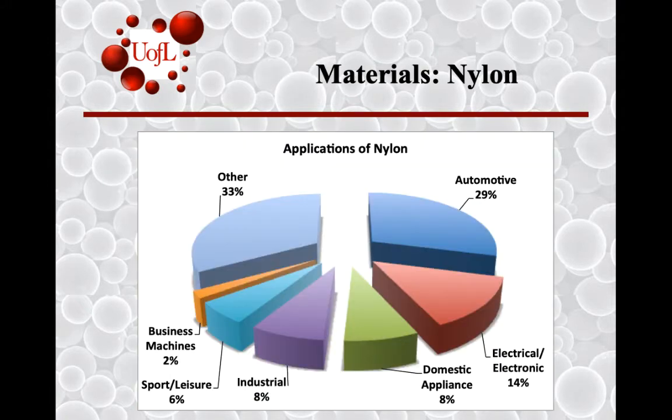So nylon, a thermoplastic, you can go into the database and see what all it could be used for and break it into this kind of a pie chart, right? A lot of automotive related applications, some electrical and domestic appliances. So somewhere in this category for the domestic appliance is where we see nylons commonly used.